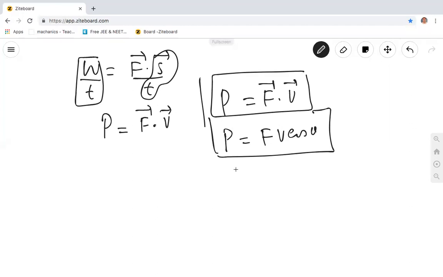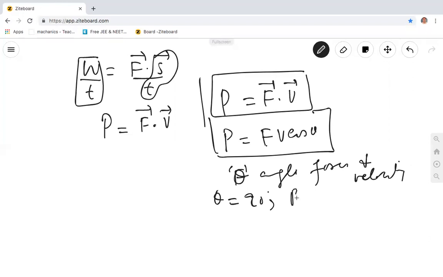Yeah. That means, but theta is what? Angle between what and what? Displacement and force. This is force and velocity. Yes, force and velocity. That means if theta is 90, power is 0. Yes.